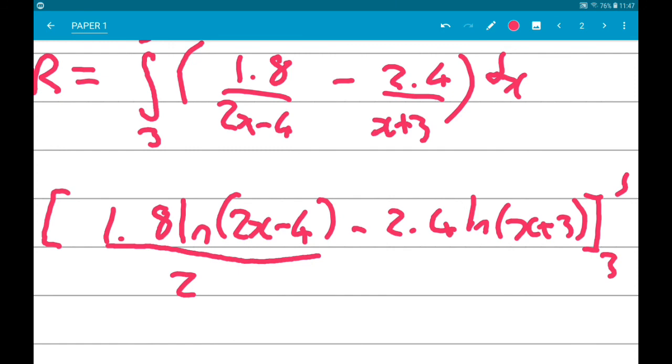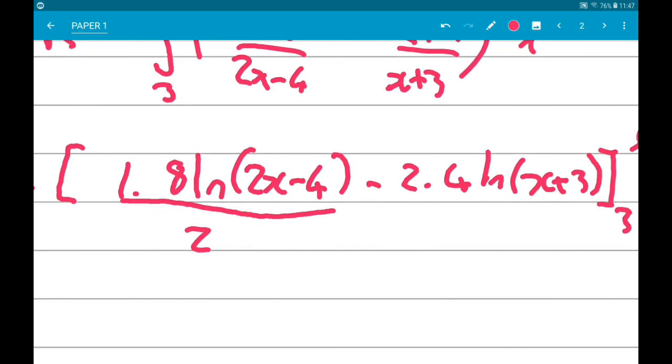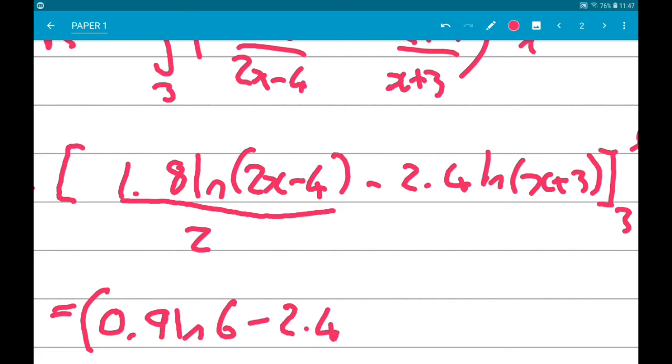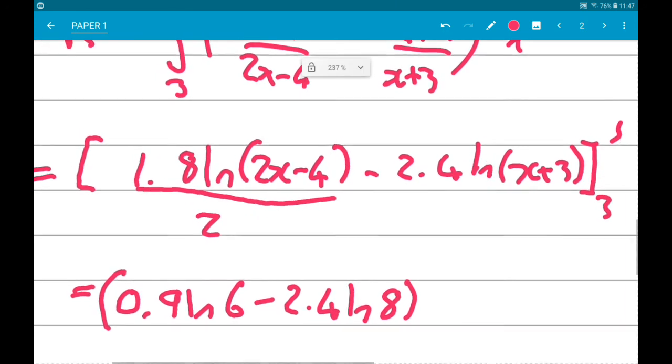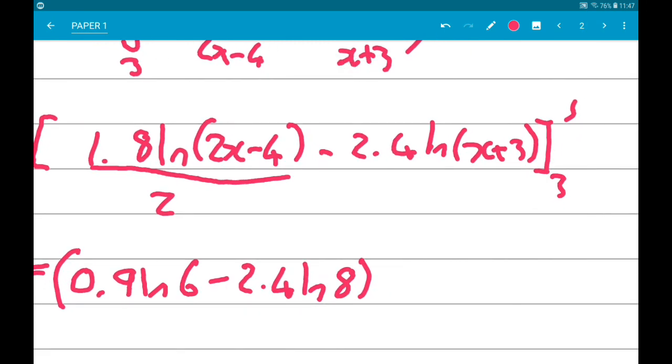So, we're going to get 0.9 log 6 minus 2.4 log 8, minus what we get when we put in 3.